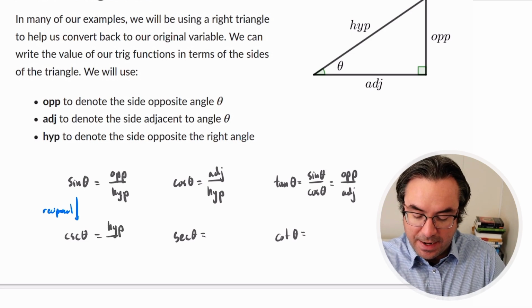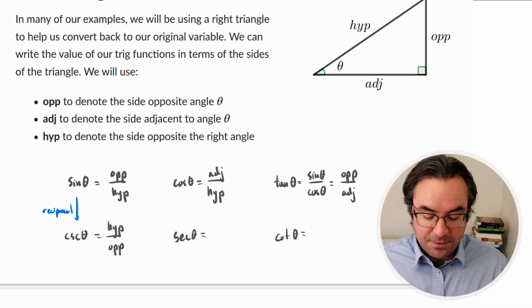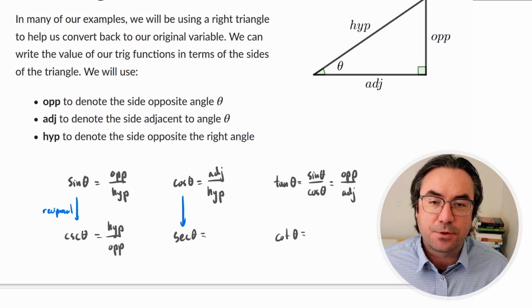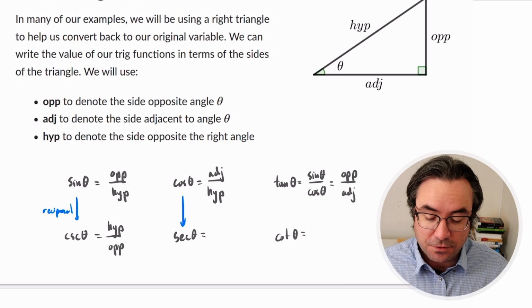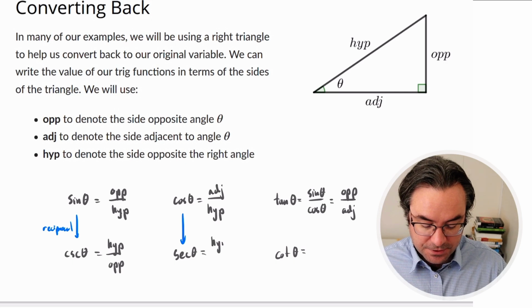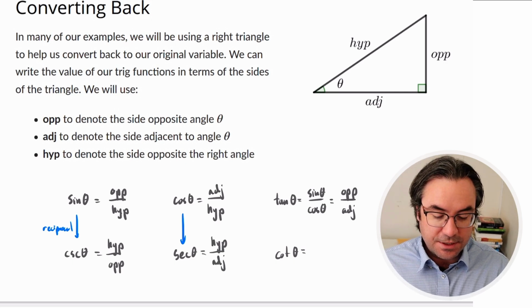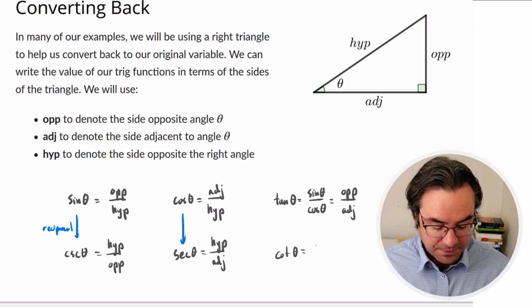Cosecant would be the hypotenuse over the opposite side. Secant is the reciprocal of cosine, so this would be hypotenuse over the adjacent side. And cotangent is just the reciprocal of tangent, so it's adjacent over opposite.